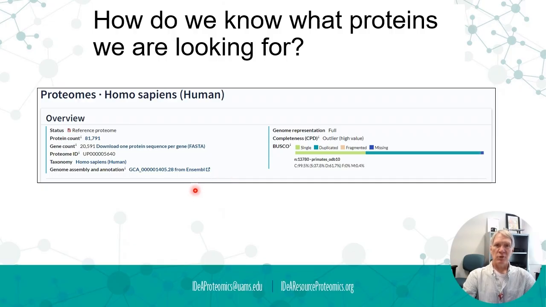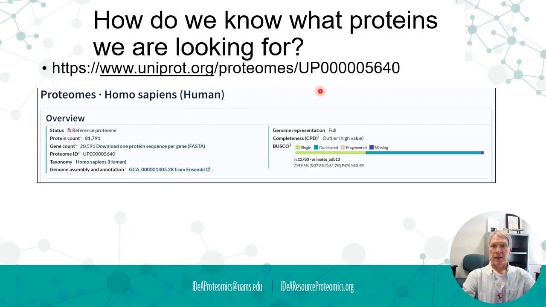Well, how do we know what proteins we're looking for? Because of the Human Genome Project that was finished a number of years ago, we have libraries now for all the different organisms. You can look up on a website called UniProt, in the proteomes, and type in Homo sapiens, and it will give you the codes for humans.